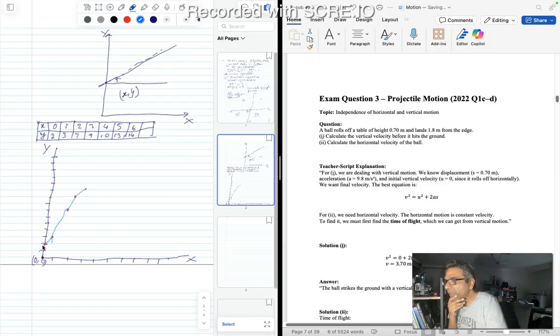And there is an intersection where this line is bisecting the y-axis, right? So to represent these kinds of equations, or these kinds of relationships between two variables, we mention that y equals mx plus c, right?